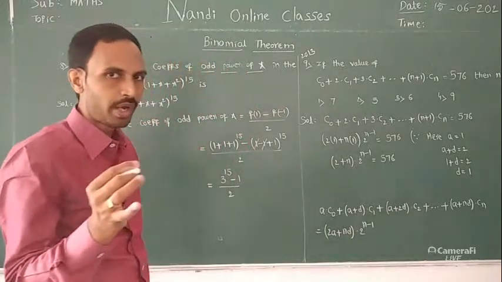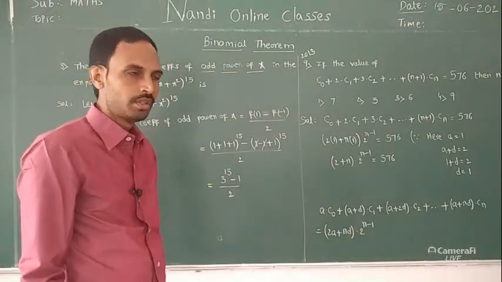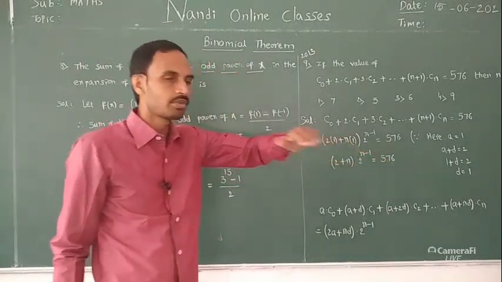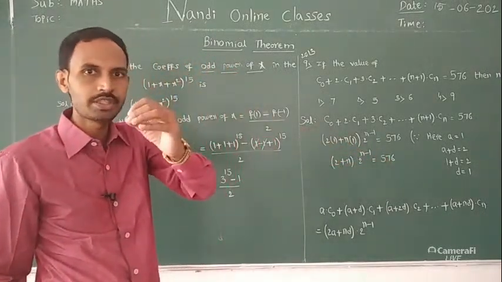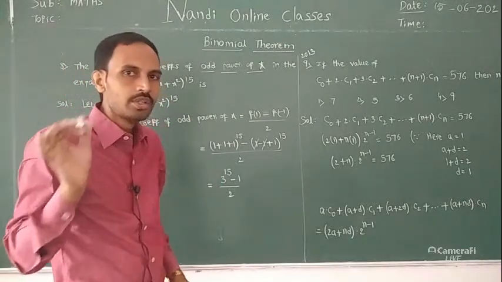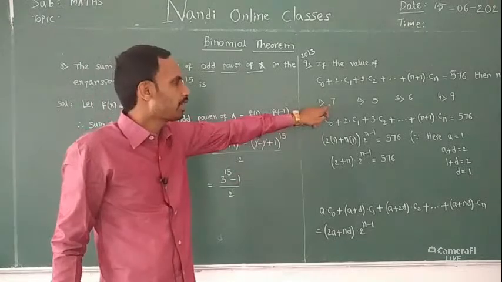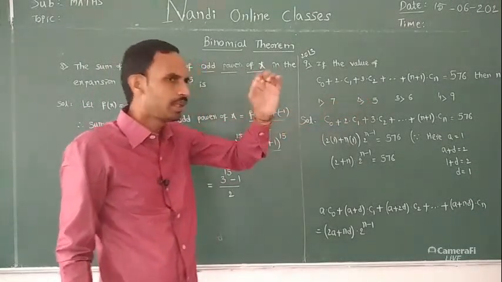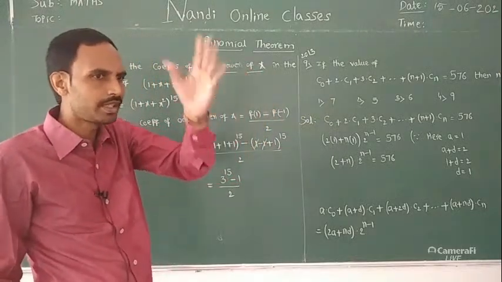They asked to find the n value. Here 576, you can do it by the prime factorization method or use the verification method. Options are there for n: 7, 5, 6, 9. Put any value, whichever option satisfies is the answer.